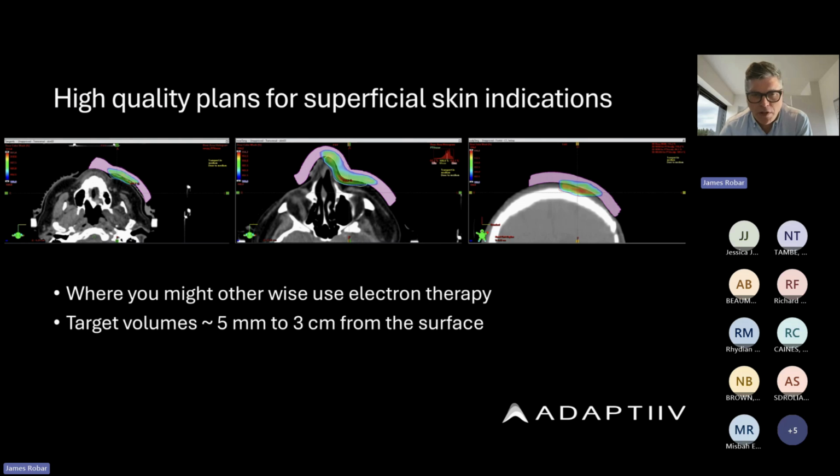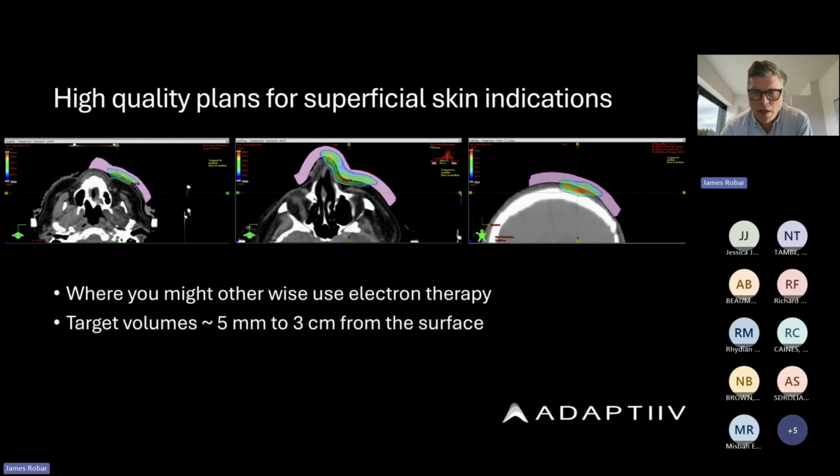So where would you use DermaPlan RT? Anywhere where you might use electrons. So these are going to be superficial targets extending to the surface, could be just a few millimeters thick or up to about 3 centimeters deep. Could be anywhere in the body, scalp, face, chest wall, extremities, and so on.